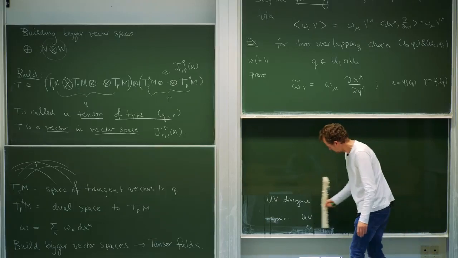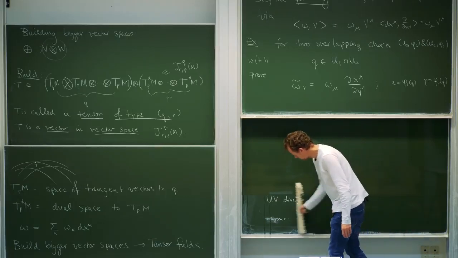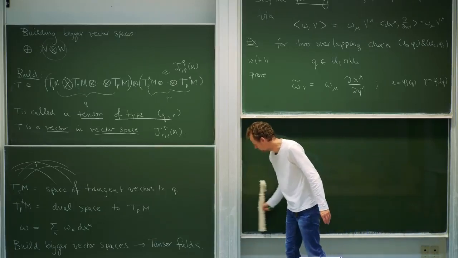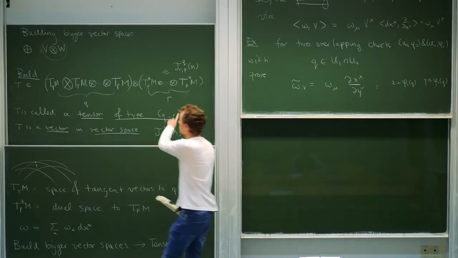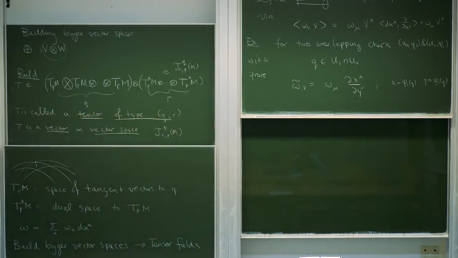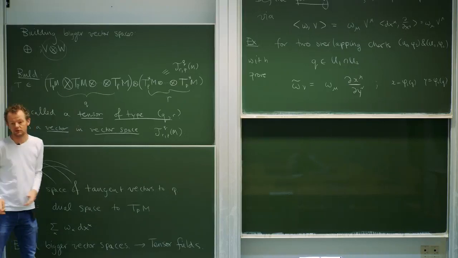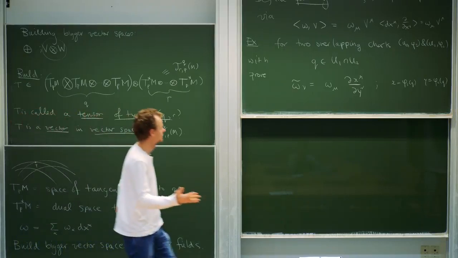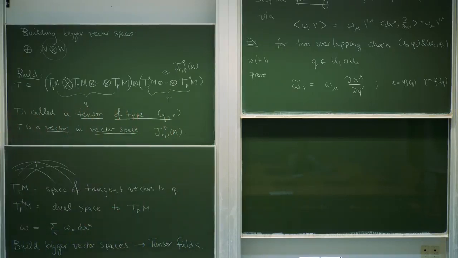And we also have a way to extend our pairing between TP and TP star to this vector space here, extended by taking a product. So there's a lot more structure in this definition that we should highlight.